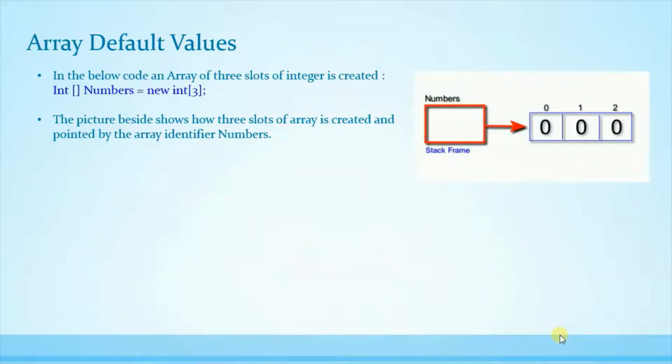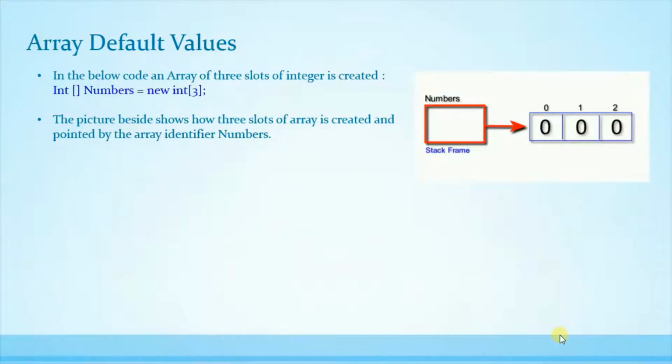Here the numbers variable is reachable in the stack frame, and it points to a heap which has 3 locations. In each location we have a value 0.